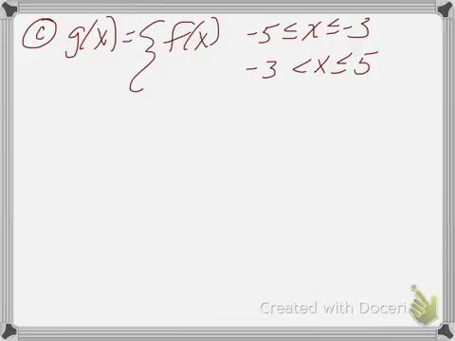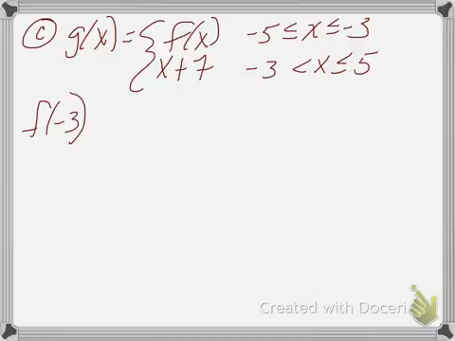For part C, you're being asked if this function is continuous. They're saying to use the definition of continuity to explain your answer, so we definitely have to put the rule in there. The one part that was tricky, which I'll get to in a second, I don't know why I didn't put this in here. But let's do one thing at a time. For it to be continuous at x equals -3, f of -3 has to exist.